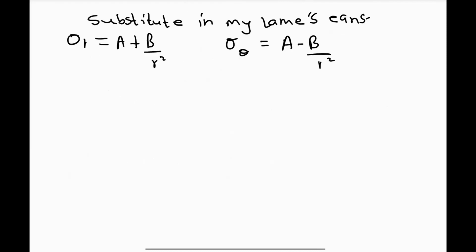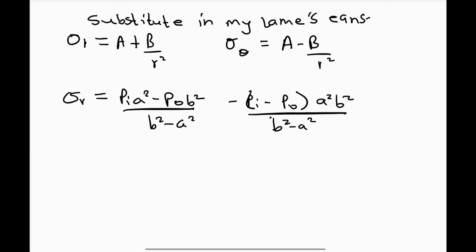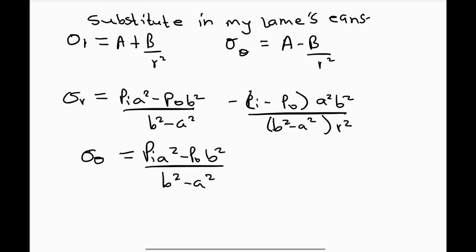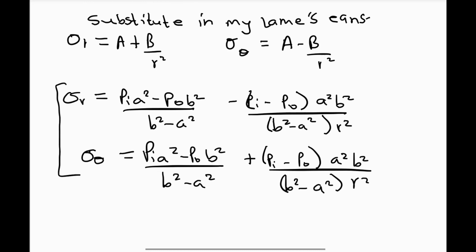So substituting my A and B, I'll have my two terms as sigma r is equal to and sigma theta is equal to these two are the general expressions for the normal stresses, sigma r and the tangential stress.